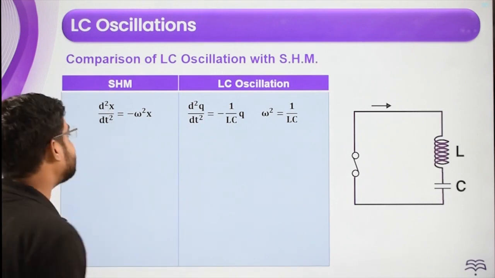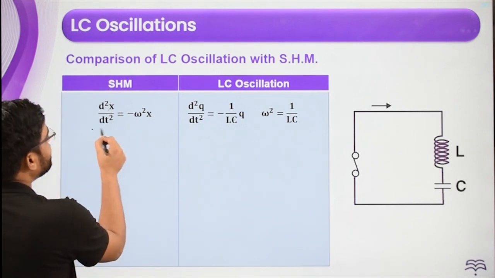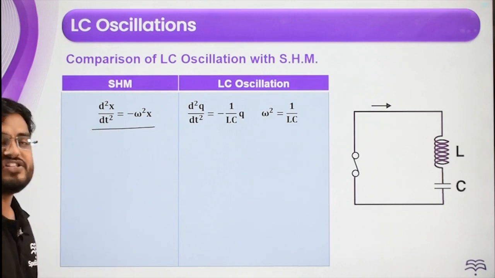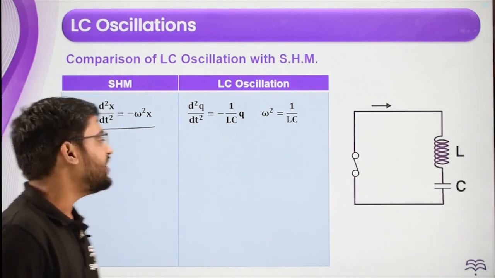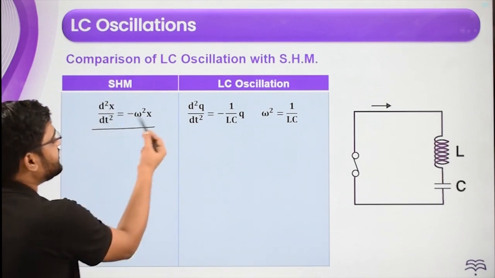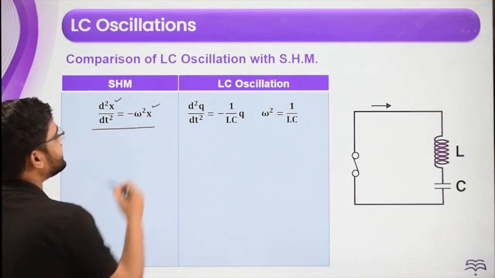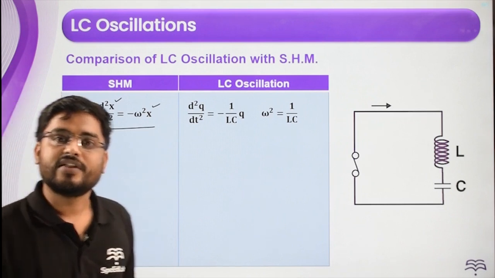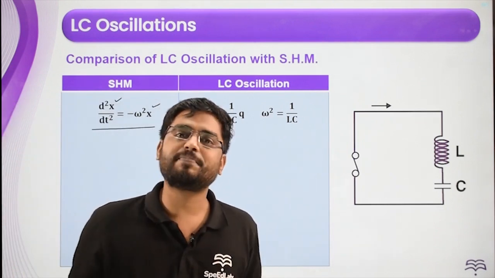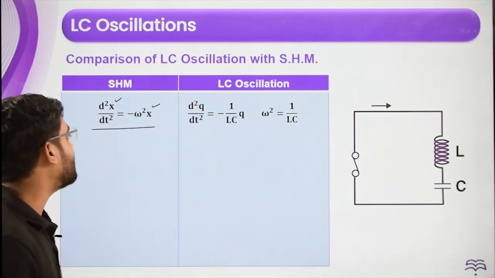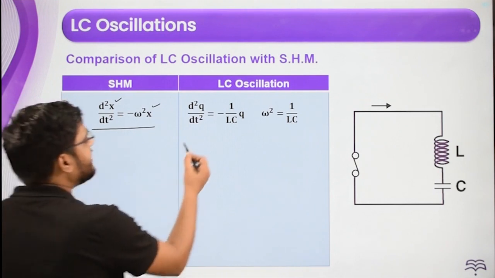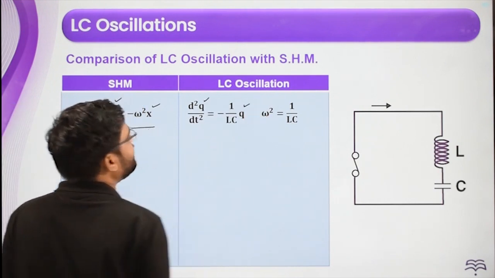Now let's go back to SHM, where this was the fundamental differential equation: d2x by dt square is equal to minus omega square x. When you compare, x was basically doing the oscillation, the position of the particle that performs simple harmonic motion, and here the charge is going to perform the SHM.